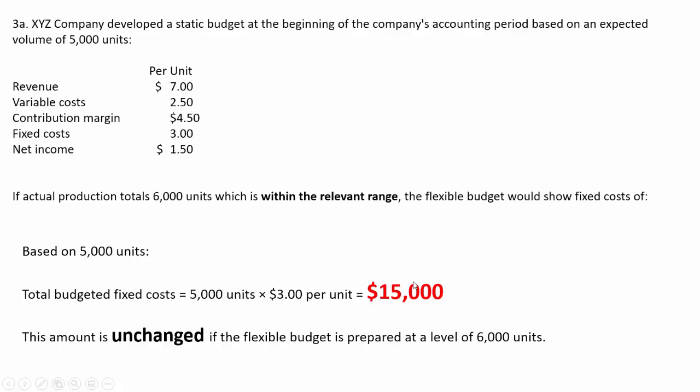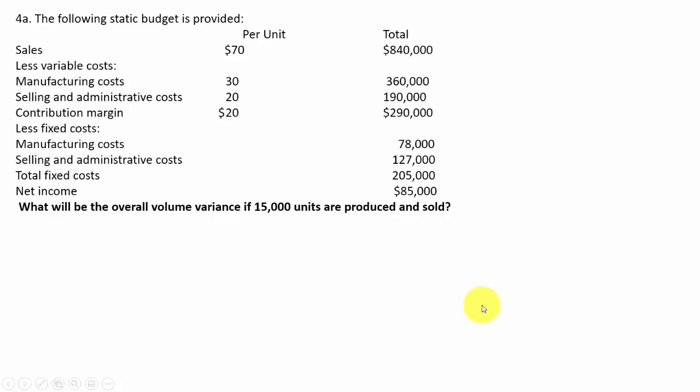In this problem, we have a static budget, and sales are $70 per unit, and the total sales for this static budget are $840,000. Then variable costs are subtracted from these sales, and there are two variable costs.